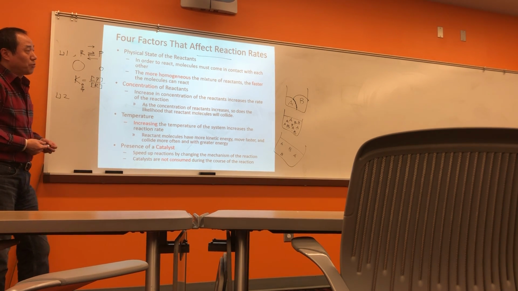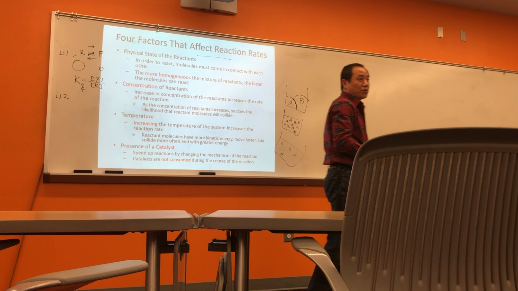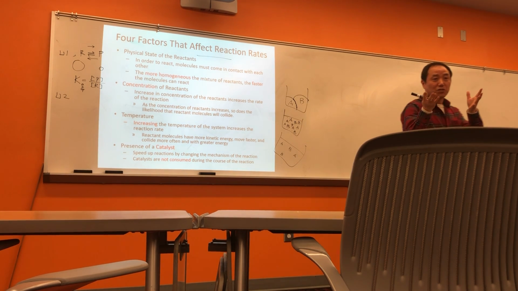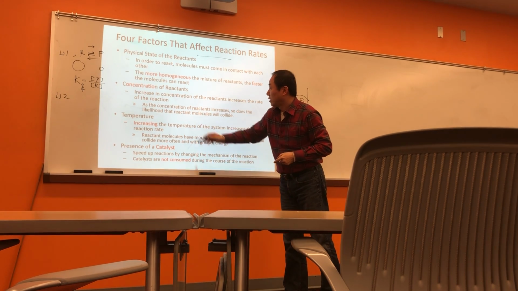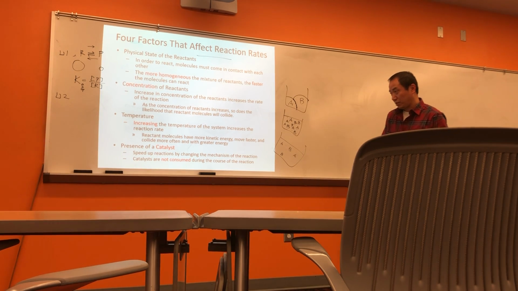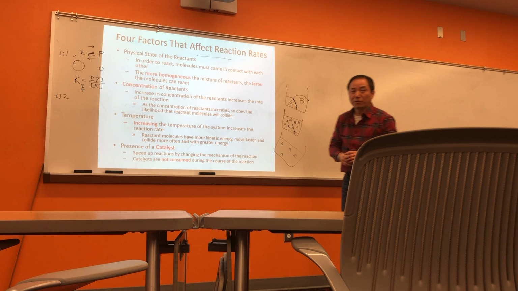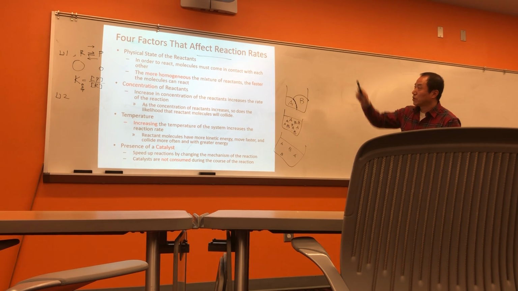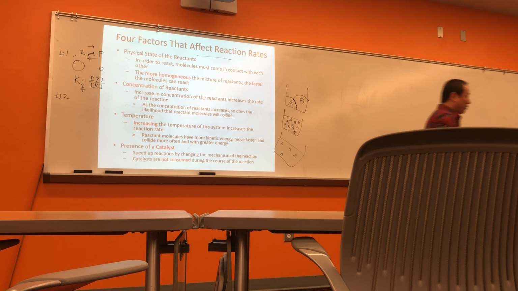The reason you can preserve food in the refrigerator is because at cold temperature it perishes a lot slower, right? So reaction goes slower. Increasing temperature will definitely accelerate reaction. It makes reaction go a lot faster. Another one is catalyst. Having a catalyst will also help reaction go faster. Those are 4 different factors that affect reaction rate.